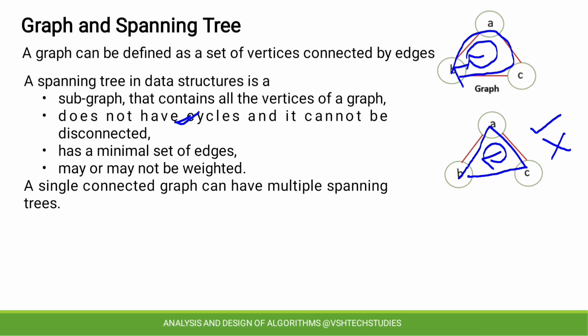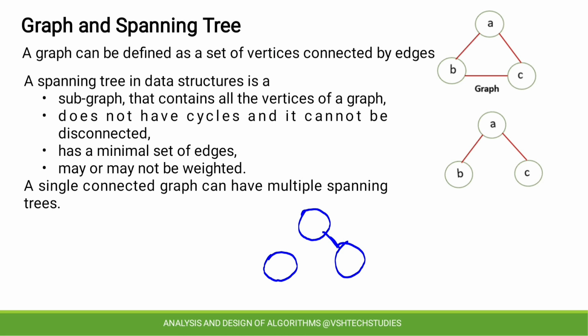And it cannot be disconnected. Disconnected in the sense, this subgraph is connected, meaning there is a connection between all the vertices. A is connected to B through this edge. A is connected to C through this edge. B is also connected to C. From B to A there is one path.